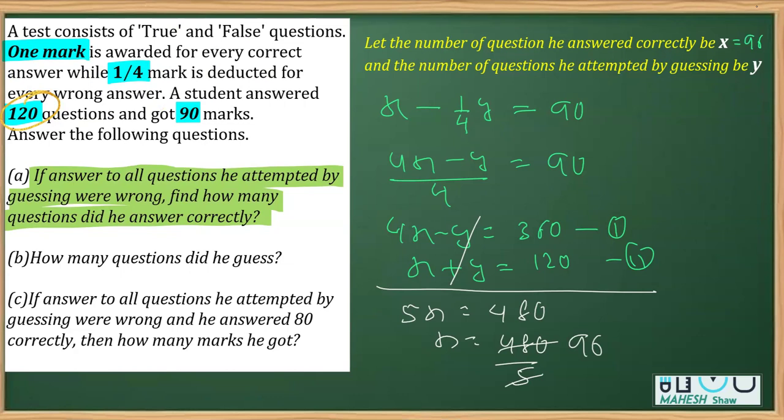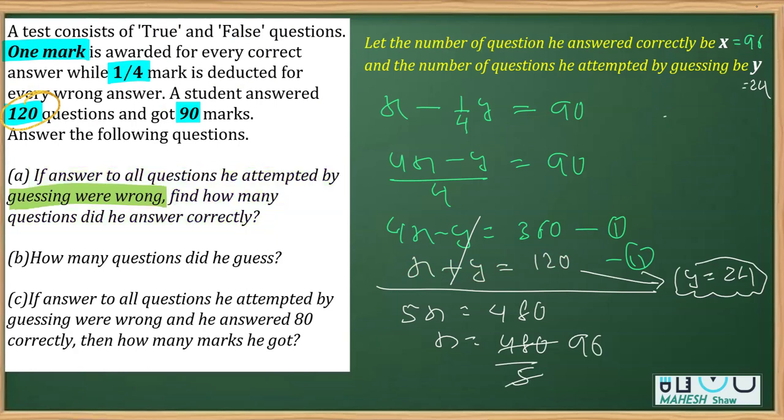Now we can also find Y by placing X in any of the equations. If I place it in the second one, it's easier to obtain. Placing X as 96, we get Y as 120 minus 96, which is 24. So we got Y as 24.